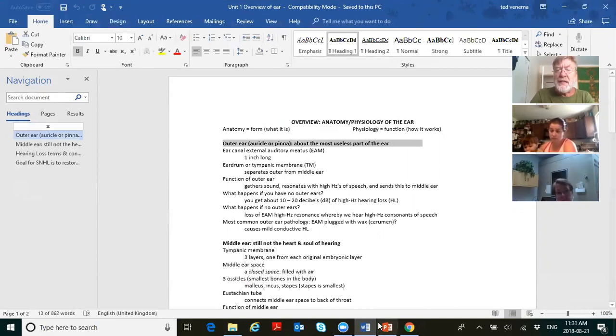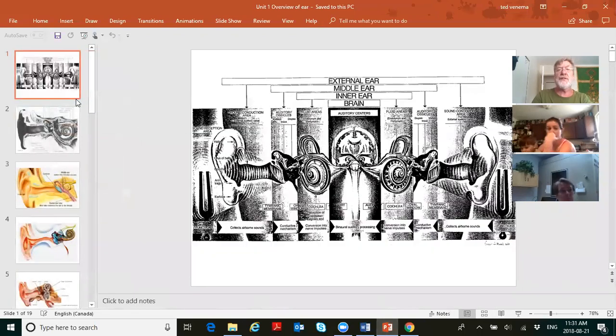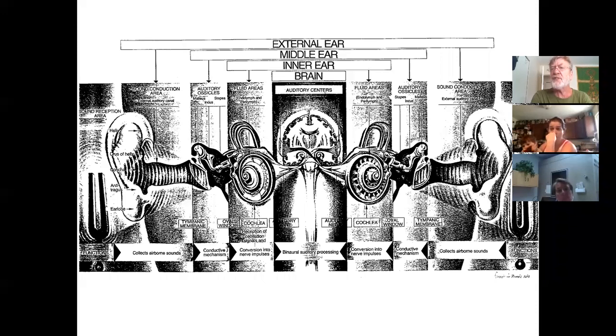And let's take a peek at it in our PowerPoint slide. Okay, here's an overview of the entire ear, kind of like a schematic. It's just a great big ugly black and white picture, but let's start from the left. Here's a tuning fork making sound. Here's the outer ear and ear canal. Now the ear canal is about an inch long.